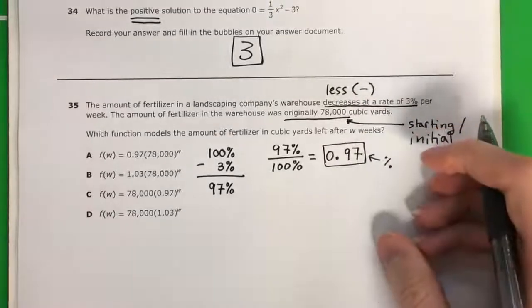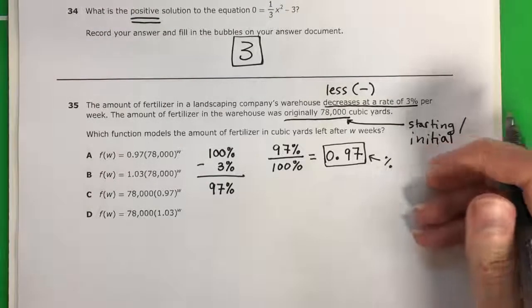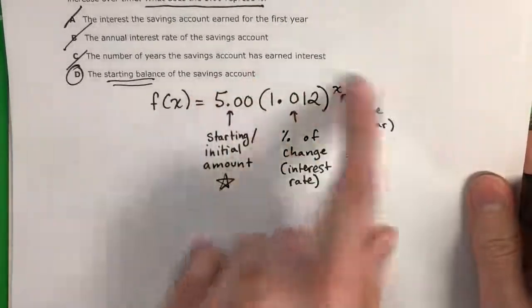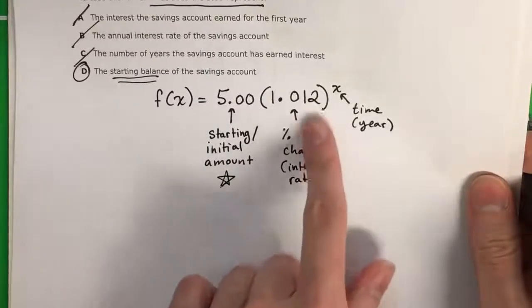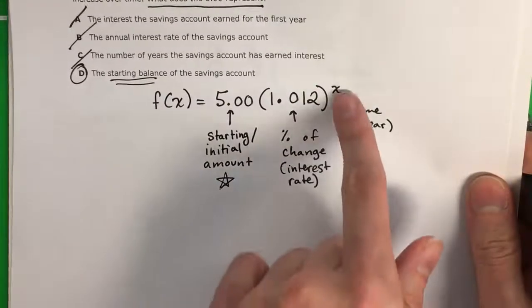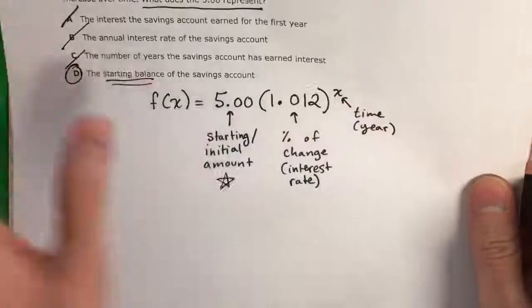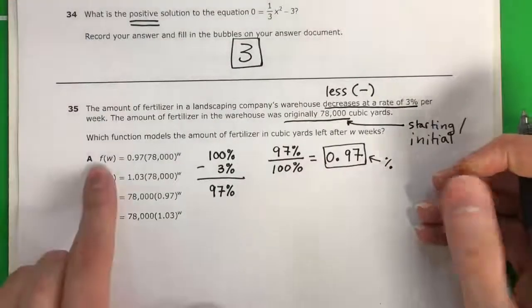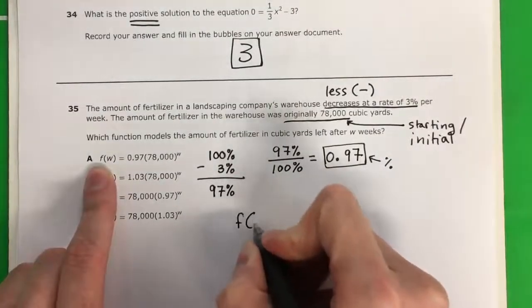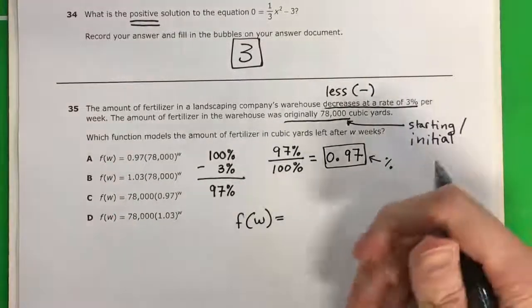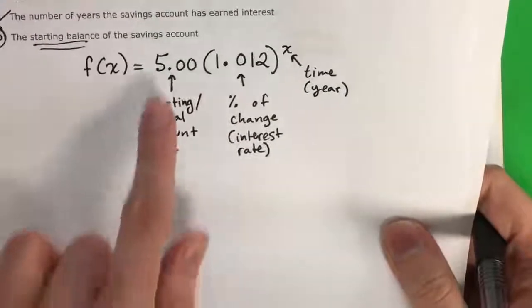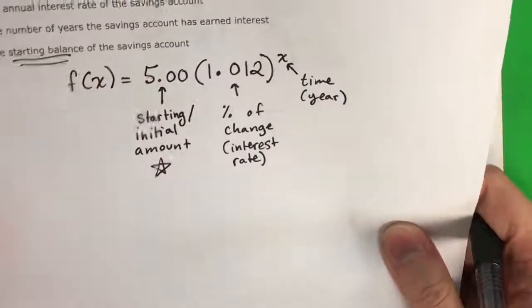And this is actually like this example. Do you remember this? I told you that this is the starting initial amount. This is the percent of change, and then here you put the time. I'm going to do the same thing. So they did F of W, so I'm going to use F parenthesis W parenthesis. And just like in question 31, first I'm going to put the starting or initial amount.